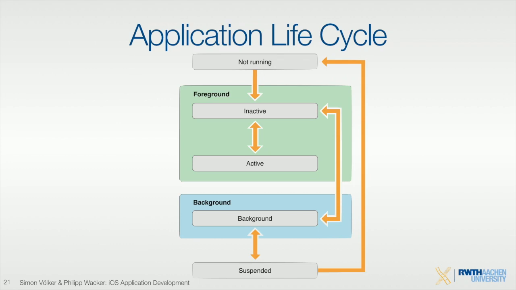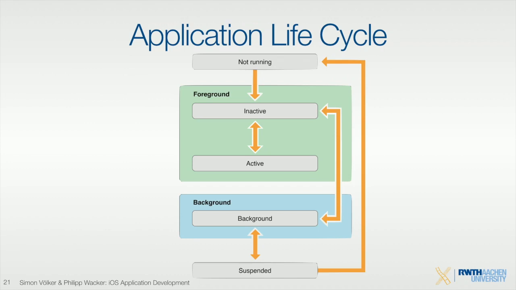You have roughly 5 seconds, I think, that you can still do stuff like, okay, storing the data that you needed to save, and close connections and stuff like that if you don't need them in the background, because then the device will automatically switch it into the suspended state, where your app might still have the information, so when it starts up, switching back to the background and the foreground state, that it can resume what you were already doing, but it doesn't have any capabilities anymore to execute stuff.